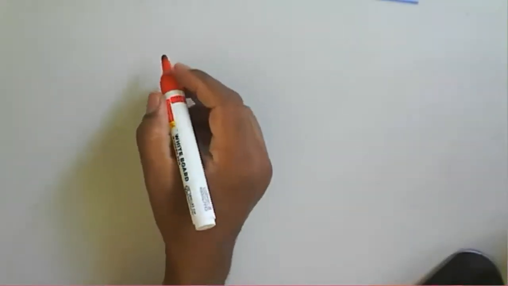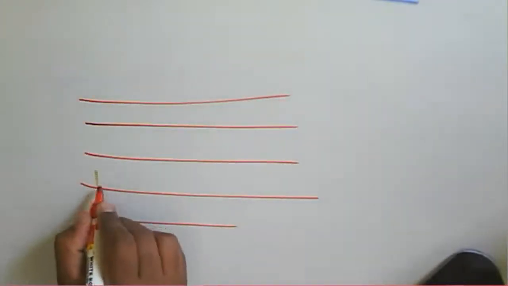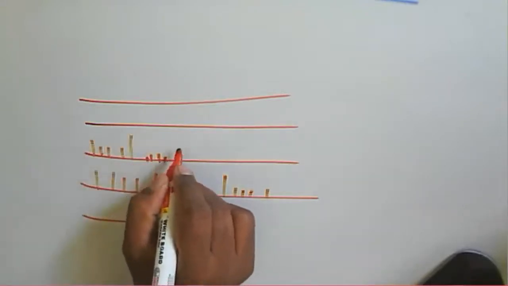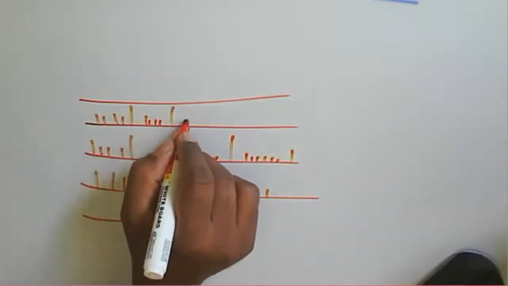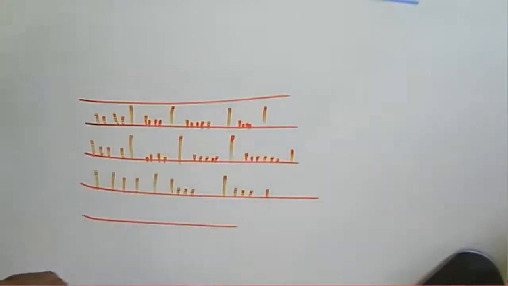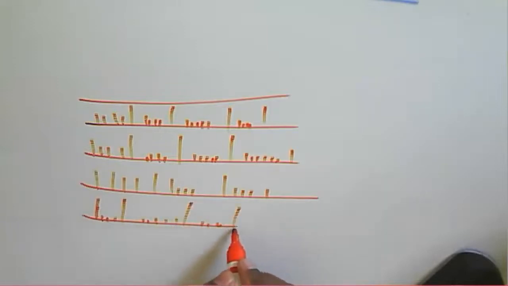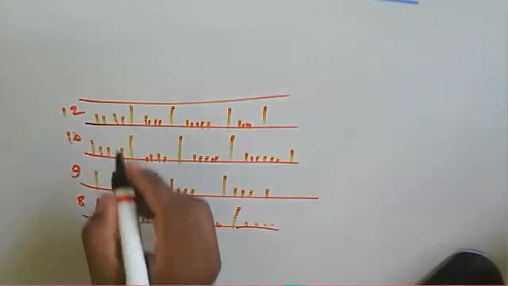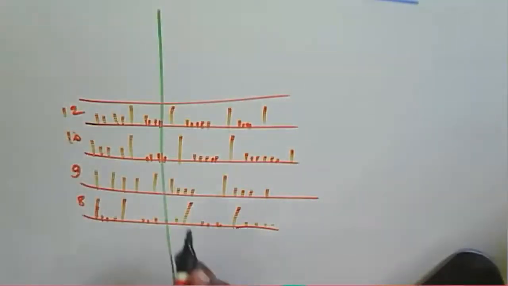So it has different scales, corresponding to different frequencies, suppose 8 gigahertz, 9 gigahertz, 10 gigahertz, 12 gigahertz, likewise. And here there is one vertical line.